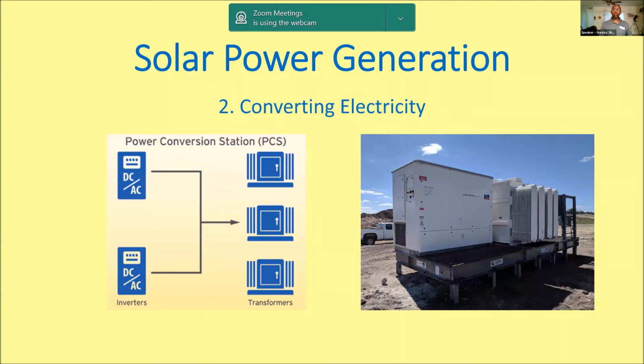Your power conversion station consists of an inverter and a transformer. Your inverter is responsible for converting your DC, which is your direct current electricity, to AC, which is alternating current electricity. Alternating current electricity, or AC, is actually changing its energy direction and also its magnitude, unlike DC, where it's constant.